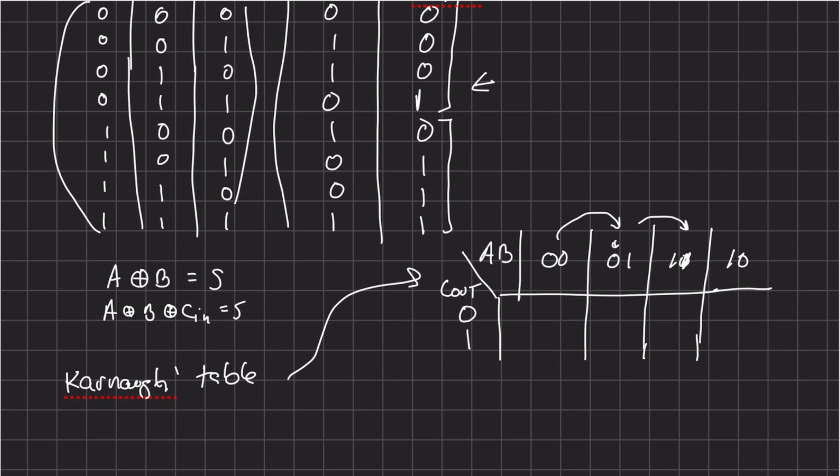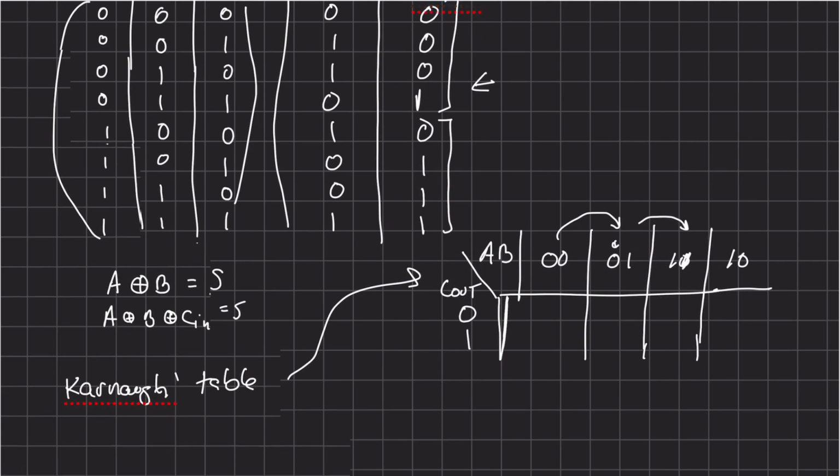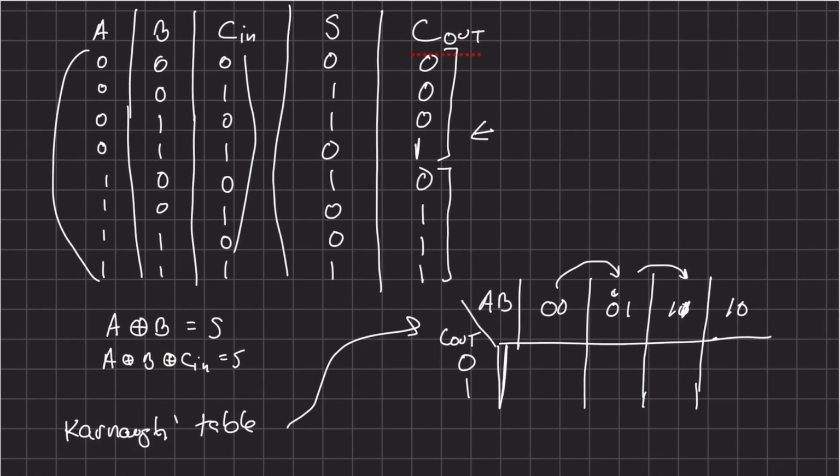So if the disk turns and more than one bit changes in the encoder, the disk detects the problem.